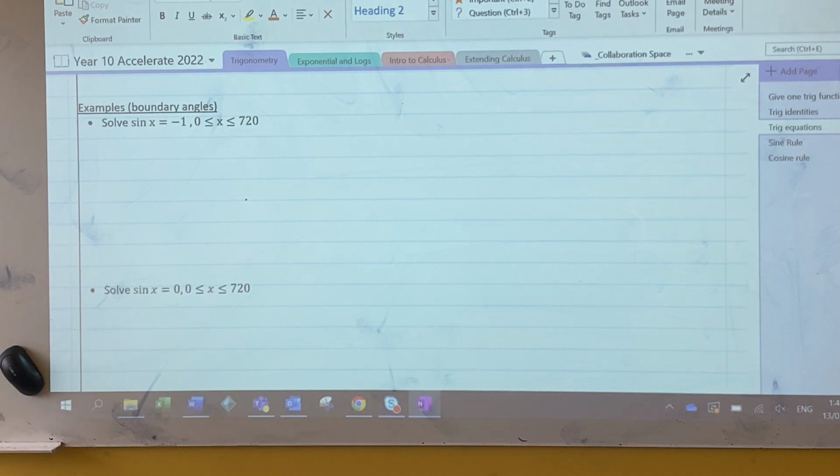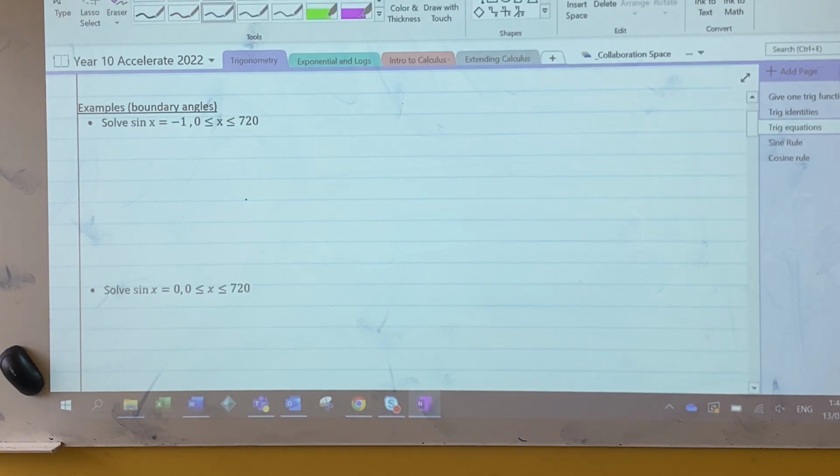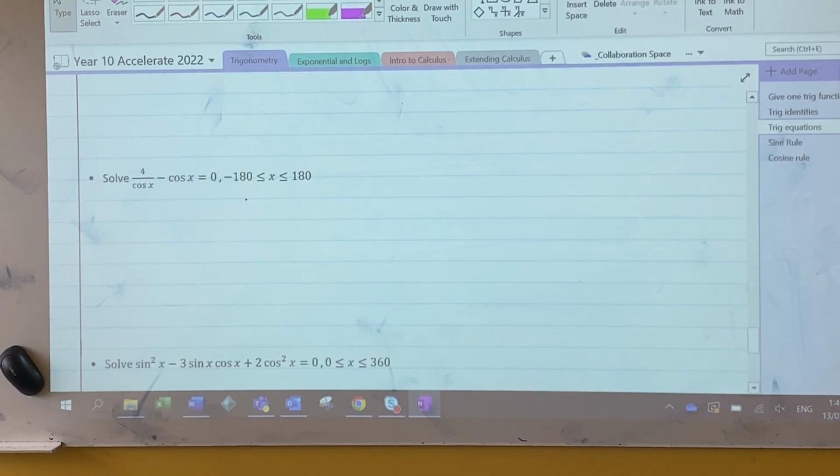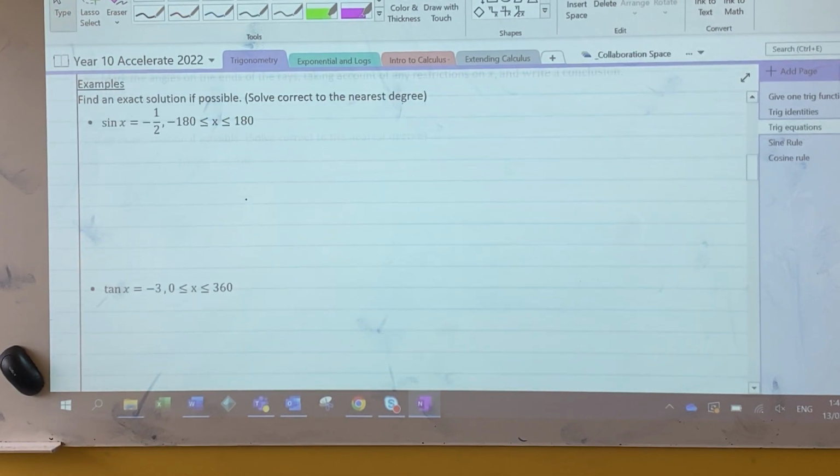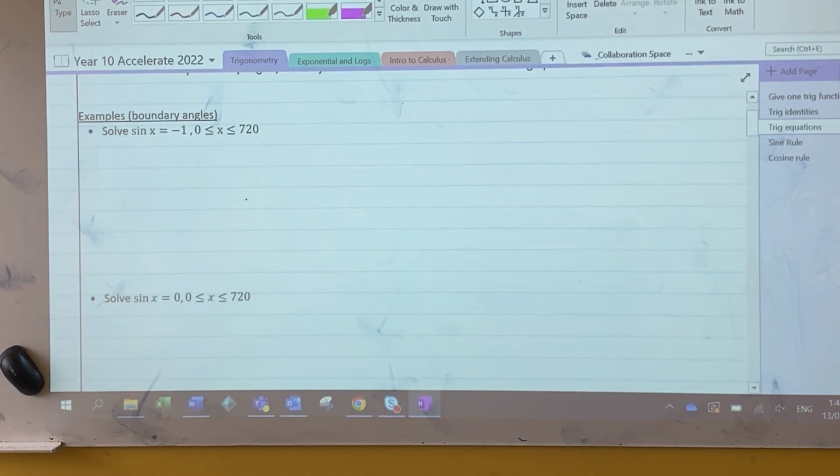So I'm going to draw a unit circle. It's a bit hard to draw on it, but I'll try my best. Okay, so sine x is equal to -1.